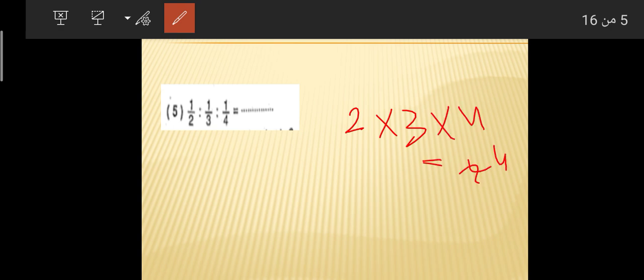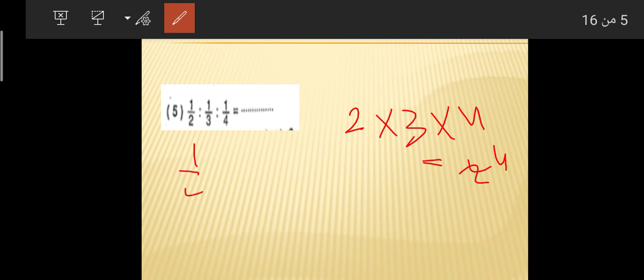How? We have many steps. We can answer this question by multiplying the denominators together. How? 2 times 3 times 4 equal 24. Okay, and we can multiply each fraction by 24.